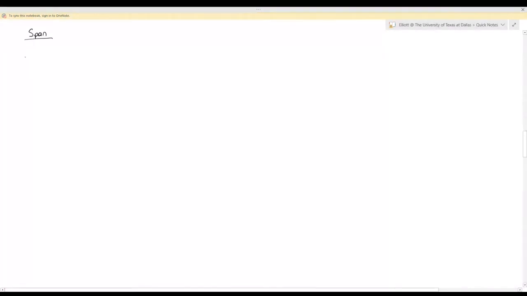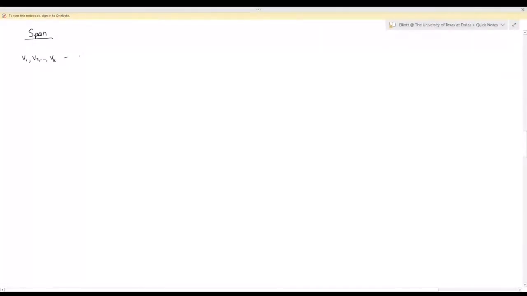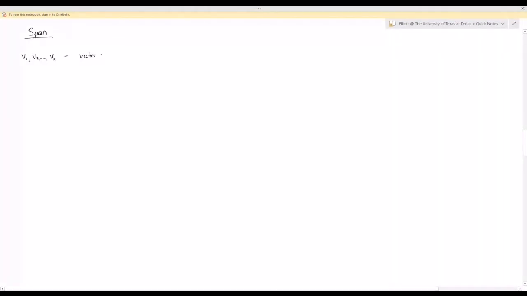Let's say that we have a collection of vectors v1, v2, up to vk. Let's say that these are vectors in some vector space V.